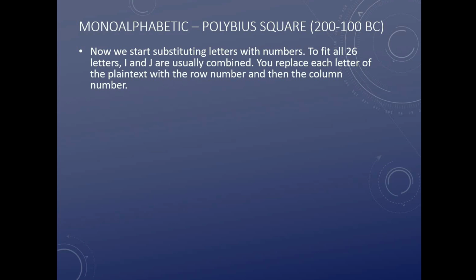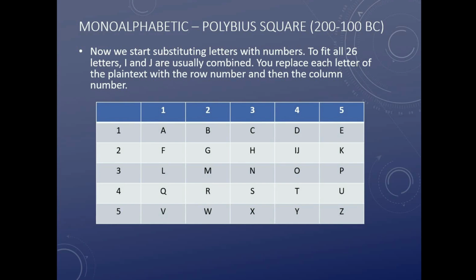Okay, but we have to build a 5 by 5 grid. Well, a 5 by 5 grid only leaves us 25 spaces. We need 26 for our letters, so we typically combine I and J. Now, I have seen some where they just drop off the Z if they don't need it, but I and J are typically combined. So you build something like this.